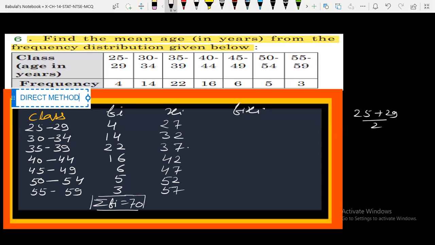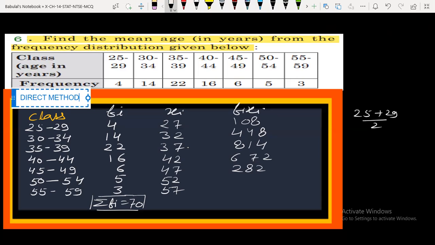Then multiply the fi into xi for this column. 27 into 4, that is 108. 32 into 14, that is 448. 37 into 22, please multiply, that is 814. 42 into 16, that is 672. 47 into 6, that is 282.